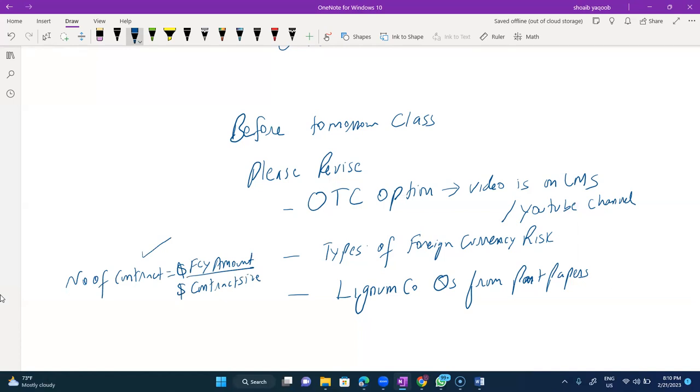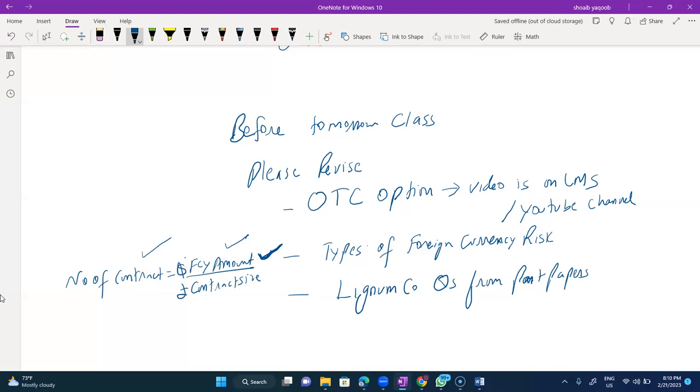But if the foreign currency is in dollars, but the contract size is in pounds or euros, both cannot be cancelled out with each other. So what to do? We have to convert the foreign currency at the expected future rate at which you are going to close the transaction, not today's spot rate. In some books, writers use today's spot rate, but you should use the rate which is going to happen in future.